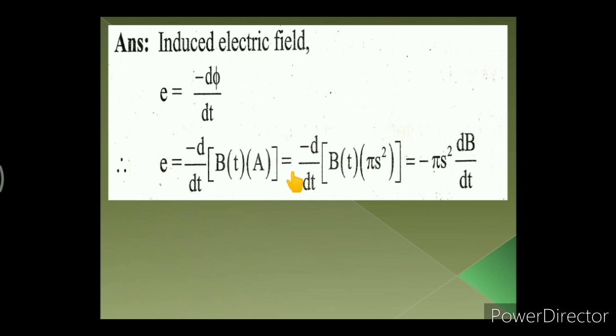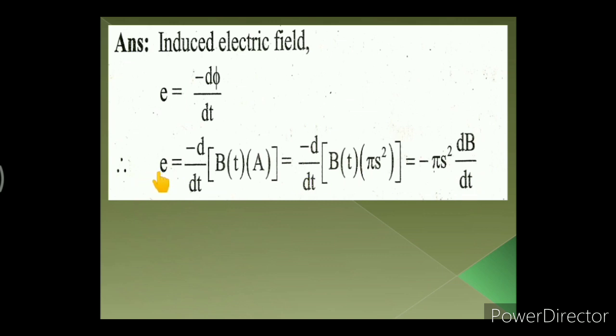So E is equal to minus d by dt of B(t) into pi s square. As B is changing with respect to time, this pi s square is constant there, and here we have to write dB upon dt as B changes with respect to time there.